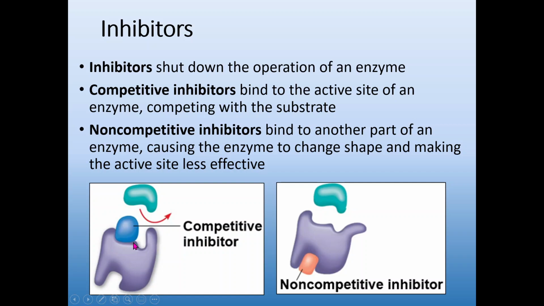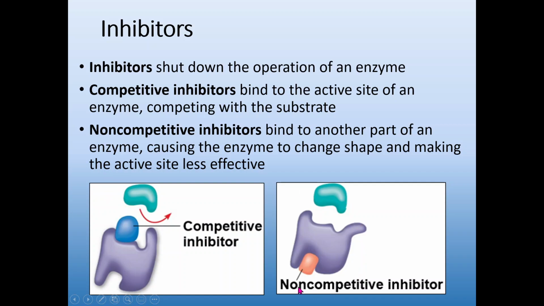So where that substrate, where that reactant would be binding in order to be changed. Because it is binding in the active site, our substrate can't bind anymore. There's no room for it. So it's physically blocking it. That's why we say it's competitive, because it's competing for that active site. Because of that, this reaction won't take place because we don't have a substrate to change.